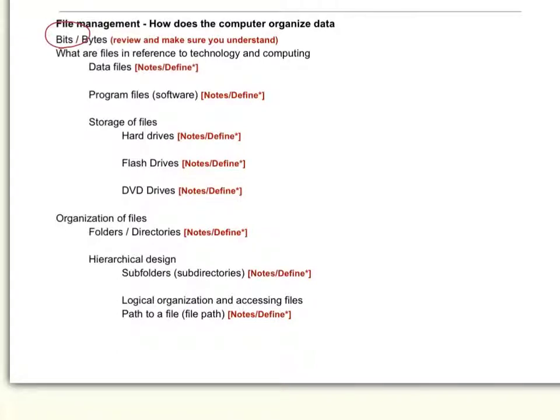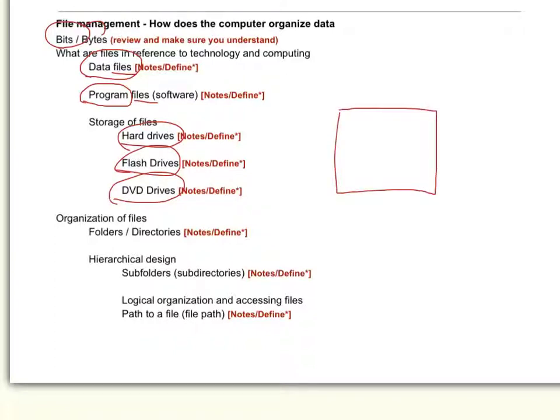What actually is used in the computer: bits, and 8 bits gives us a byte of information. Information is stored in data files. For this, I really should have listed this as software programs, and those programs are also files. So we have files we store somewhere, for example, on a hard drive, flash drive, or DVD.